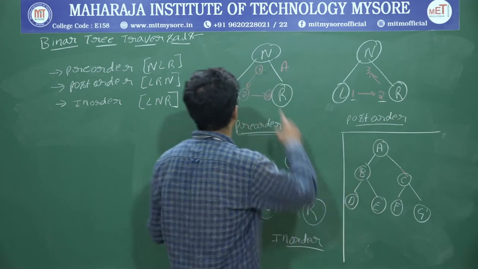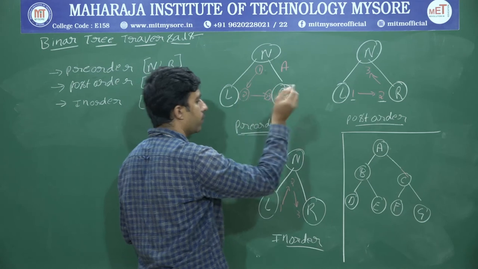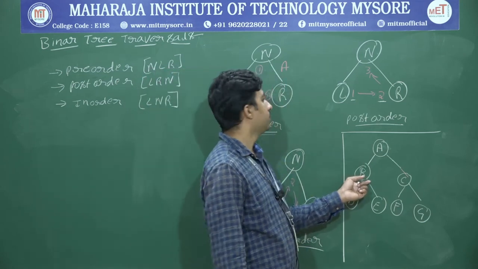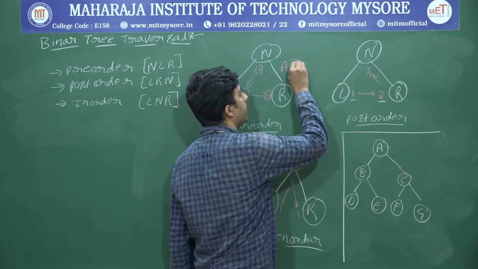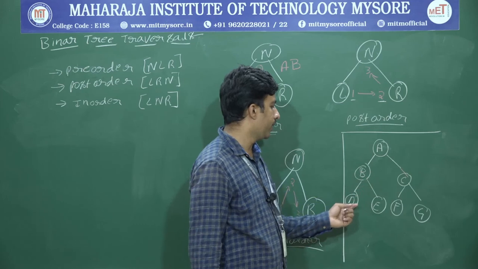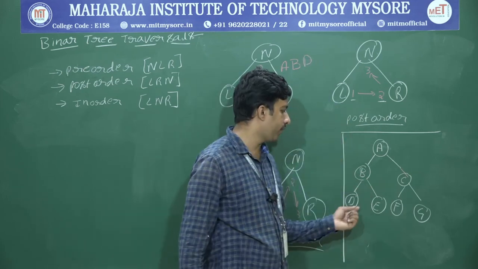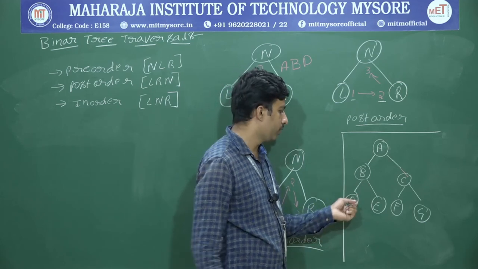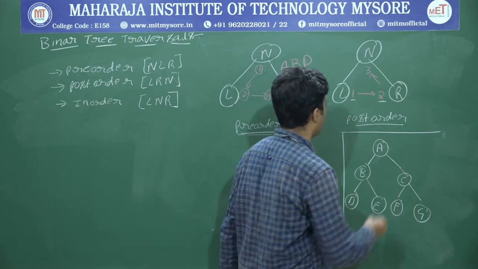Once left is encountered, it starts once again from the root. It encounters and prints B there. Next it encounters D. Traverse the left side, encounter D and go back. This is over.